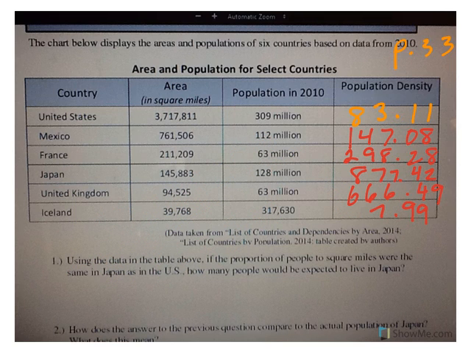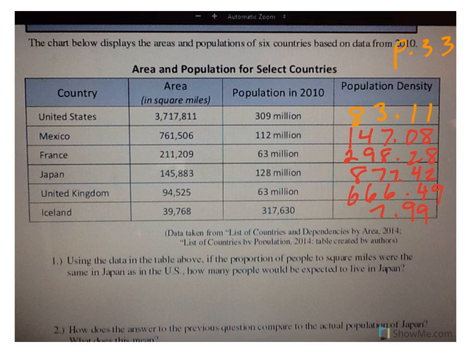Okay, so you're taking the population divided by the area. Those should be your population densities. Now, in number 1, I'm going to go ahead and do that on this page. Using the data in the table above, if the proportion of people to square miles were the same in Japan as in the U.S., so this is another what-if situation, how many people would be expected to live in Japan? So we're talking about, okay, so the U.S. is our reference point.